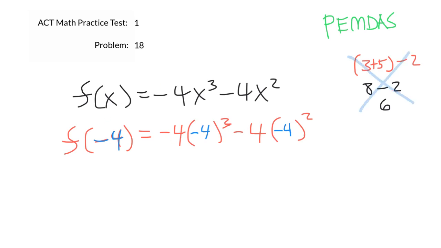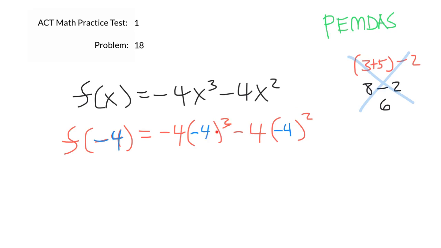So P comes first, but then there's E, and E says exponents. That says if there's an opportunity to apply an exponent, do that before you do multiplication, division, addition, and subtraction. Well, that is the case here. We can apply the exponent of 3, and we can apply the exponent of 2.